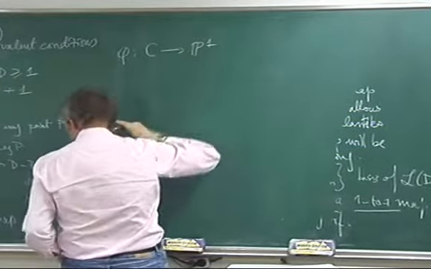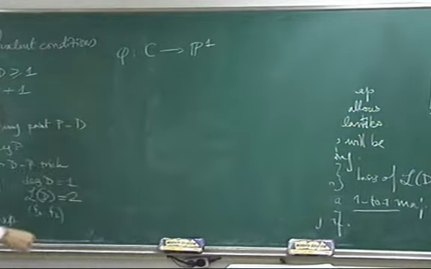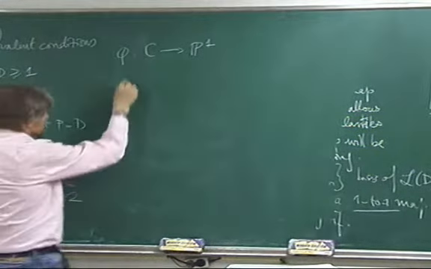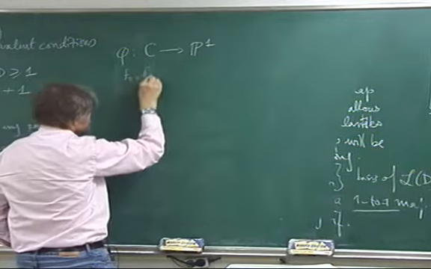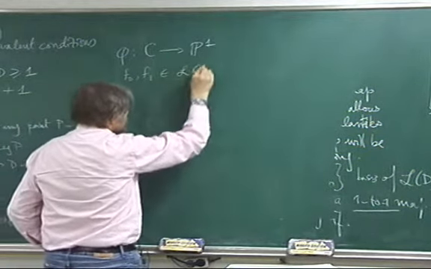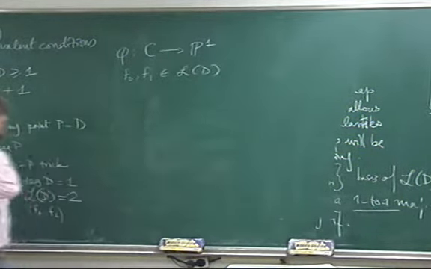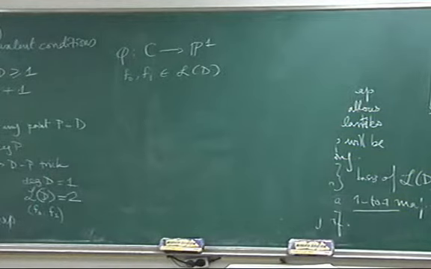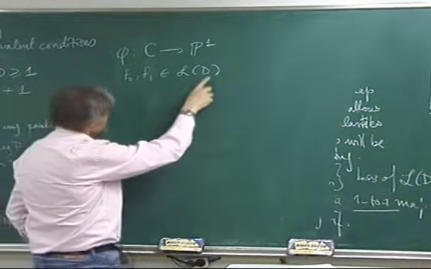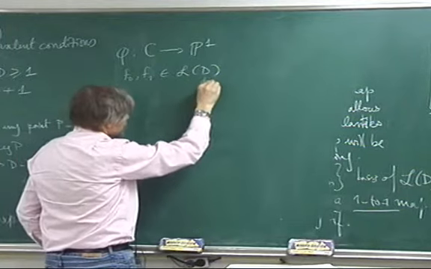So I have f0, f1 in L of D. What does this mean? This has degree 1.